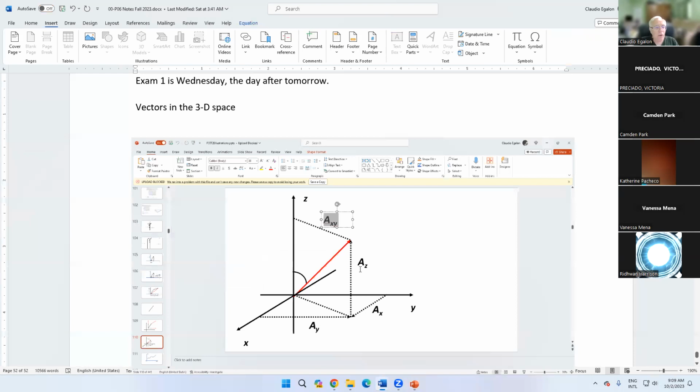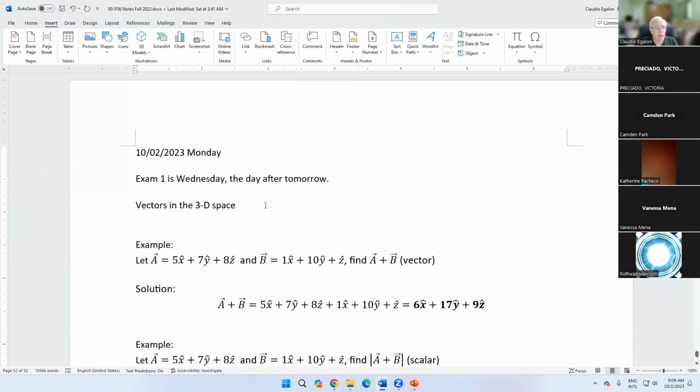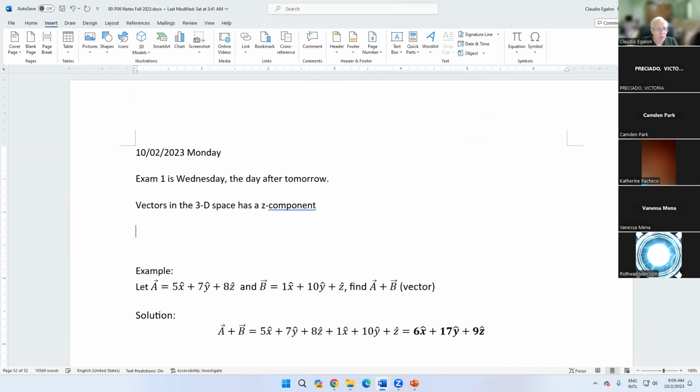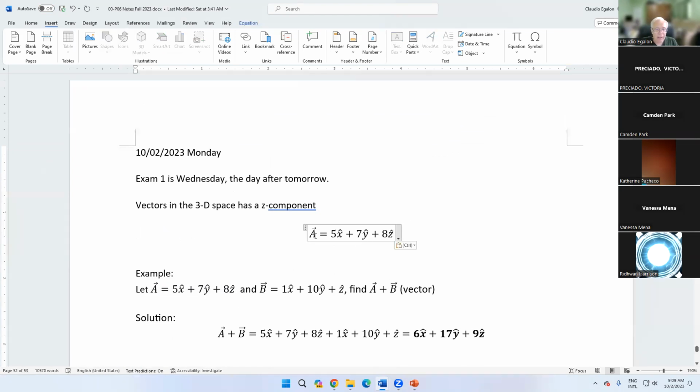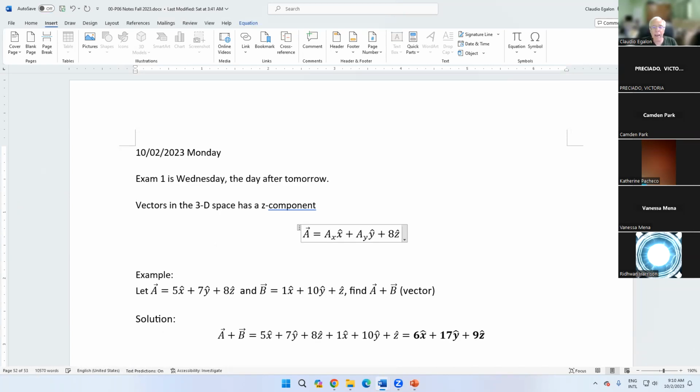In general, vectors in the 3D space. A vector in the 3D space has a z component, right? And I'm going to write it in the most generic way, the generic notation: AX, AY, AZ.